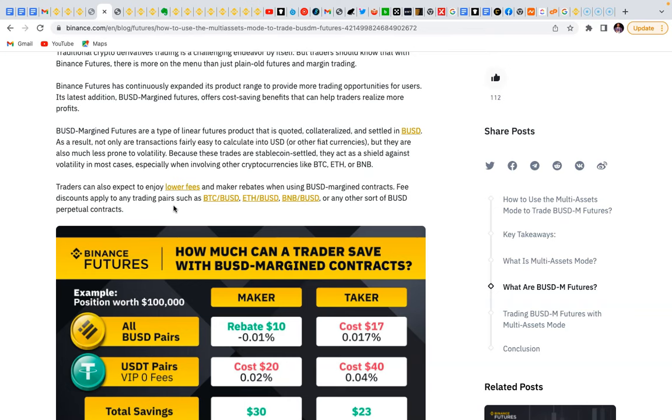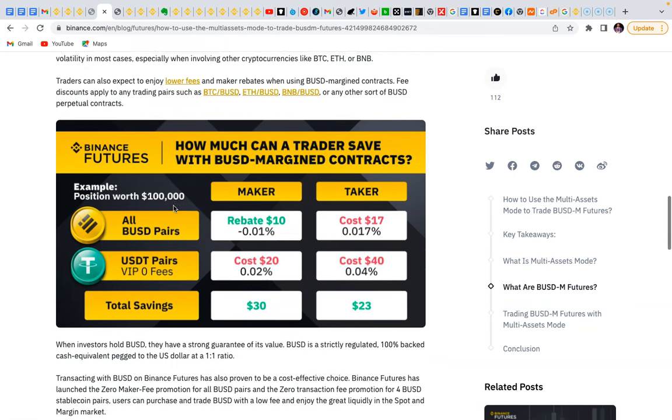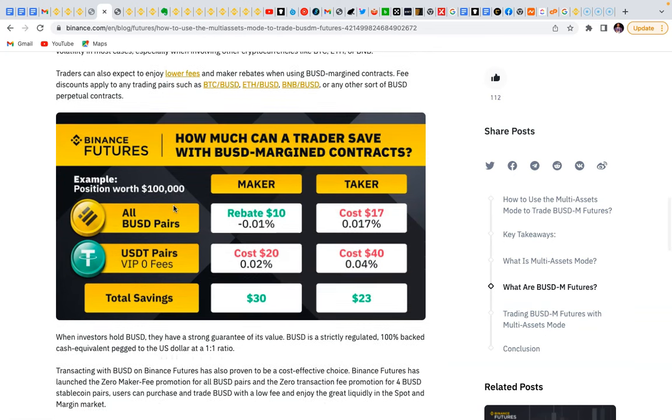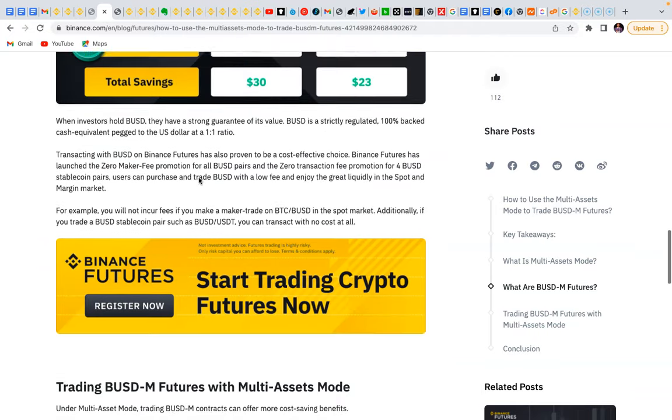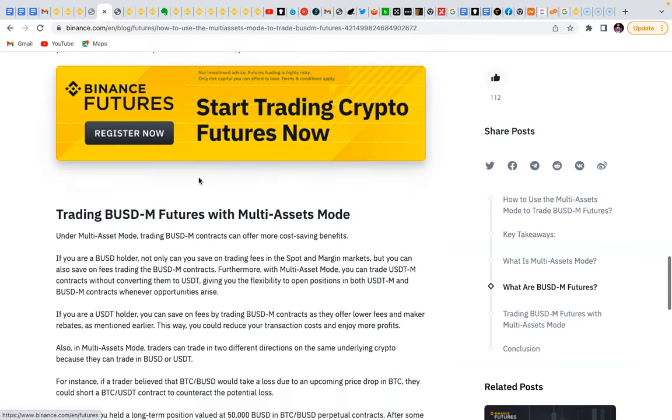Fee discounts apply to trading pairs such as BTC BUSD, ETH BUSD, BNB BUSD, and other BUSD perpetual contracts. So I'm going to show us in a practical way how to make use of this BUSD margin feature using the multi-asset mode.